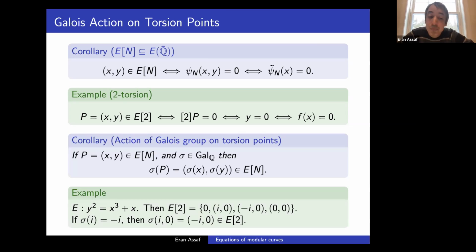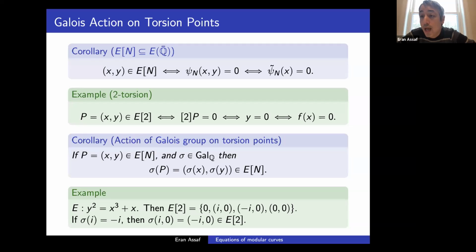Here's an example. So remember y squared equals x cubed plus x from before. Then the 2 torsion points, we have 4 of them. Remember, this is a 2 by 2 square grid. And these are simply 0, the point at infinity, and the 3 roots of this polynomial, i, minus i, and 0, with y coordinate 0.